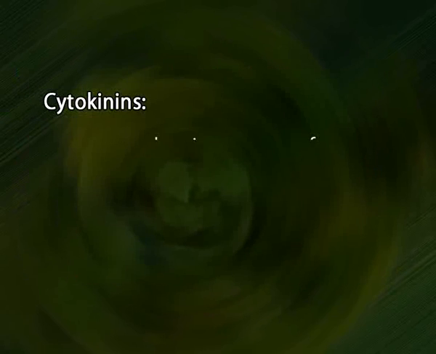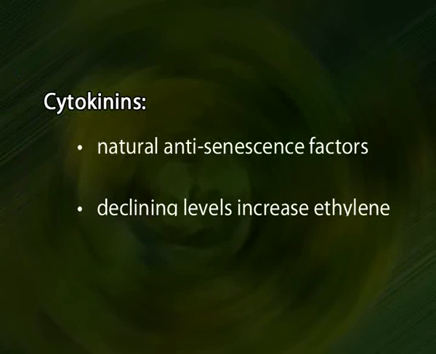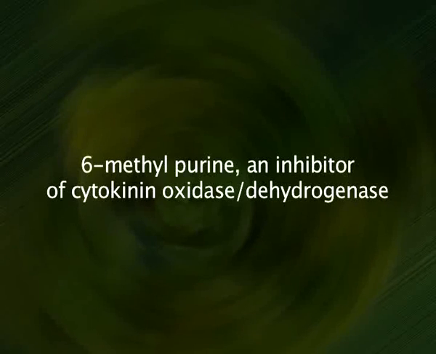Cytokinins are natural antisenescence factors, and their declining levels serve as a trigger for increased ethylene production. Feeding carnation flowers with 6-methylpurine, an inhibitor of cytokinin oxidase or dehydrogenase, has been shown to increase the lifespan of petals, suggesting that ethylene promotes inactivation of cytokinins and facilitates the senescence process.